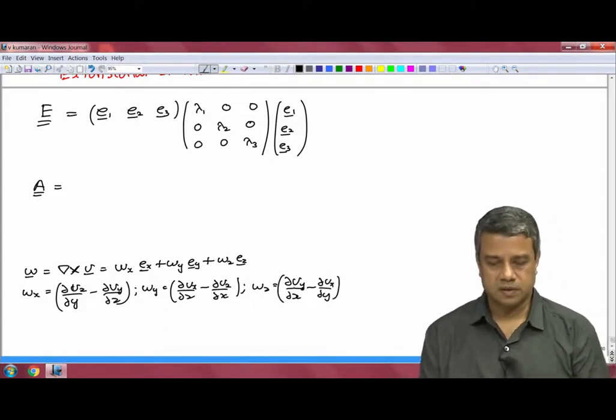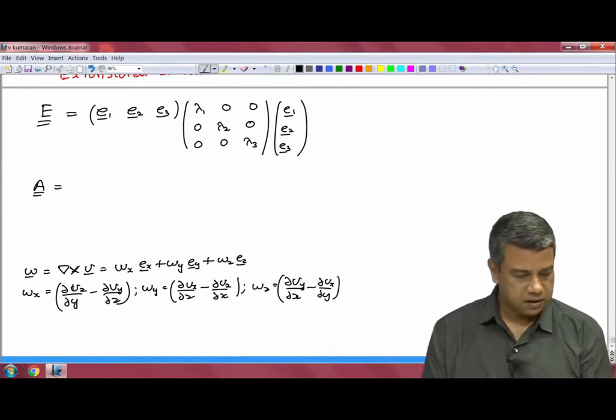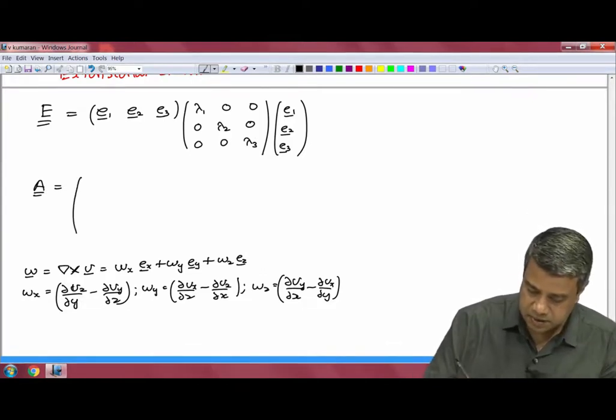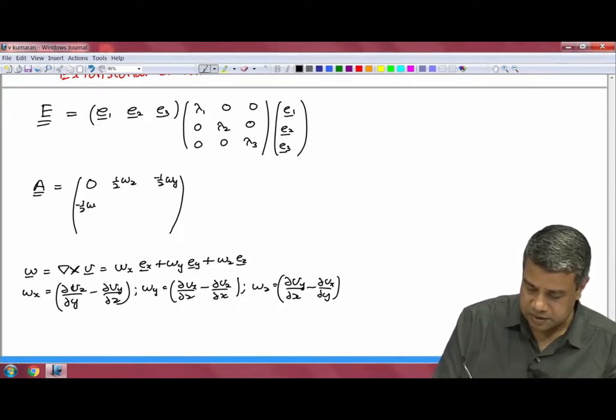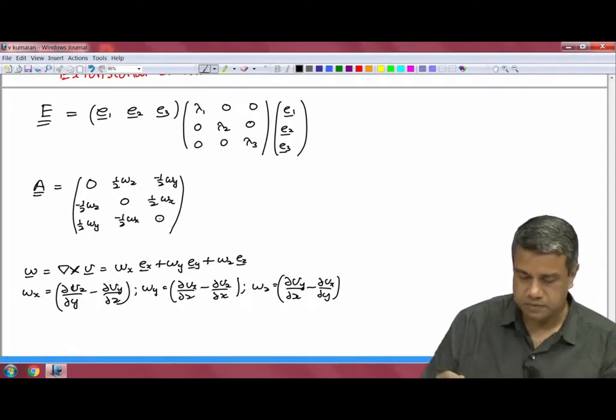those were the components of this vorticity vector, and the antisymmetric part could be written in terms of these components as 0, half omega z, minus half omega y, minus half omega z, 0, half omega x, half omega y, minus half omega x, and 0.